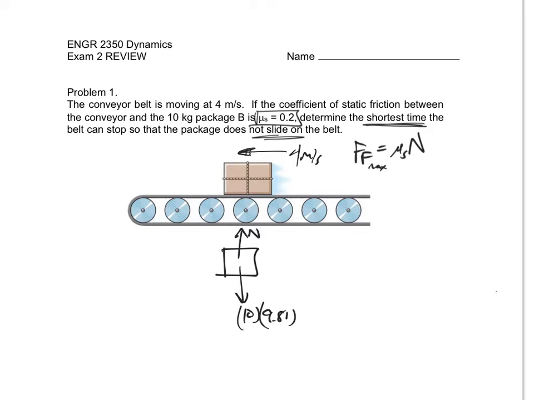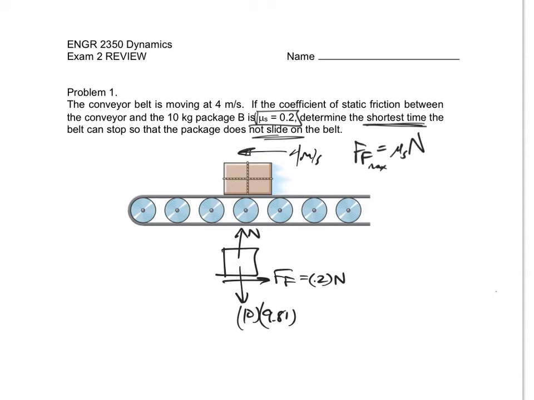The conveyor belt is stopping it, and that force of friction is what is slowing the package down. So if we're trying to find the shortest time, the extreme value, that force of friction is going to be equal to mu s times N. And once we find that maximum force of friction, we'll see what we're doing.